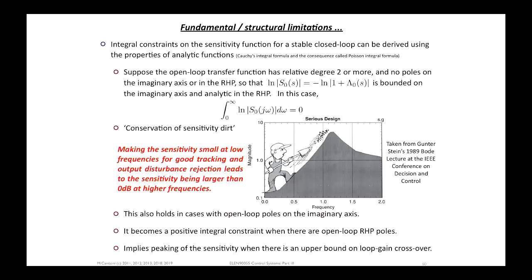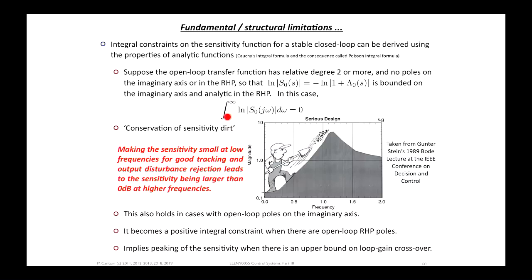It's about integrating analytic functions along closed contours, and if the function's analytic in the region on the interior of the contour, then the integral around it must always be equal to 0. That's what Cauchy's integral theorem says. So if we apply that to this analytic function, which corresponds to taking the natural log of the output sensitivity function, then if the closed loop is stable, this function will be analytic in the right half plane.